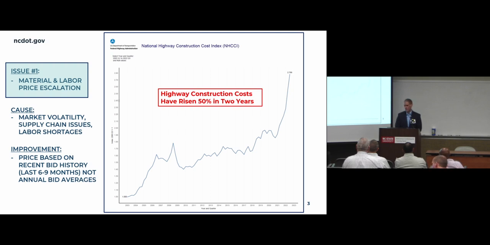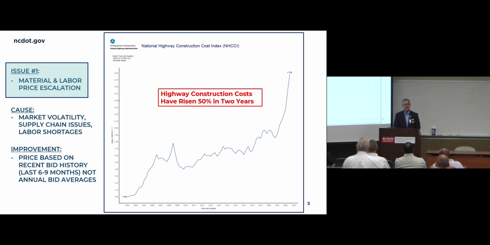during that time. We've adjusted our estimating practices to try and compensate for that, and we're now focusing really on the most recent bid history that we have to price our projects. So we're looking at bid history from the last 6 to 9 months and incorporating price information from those projects as we estimate current projects.